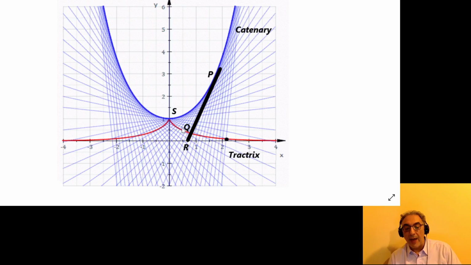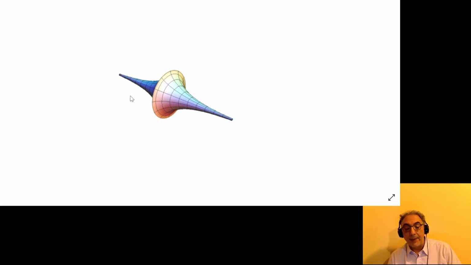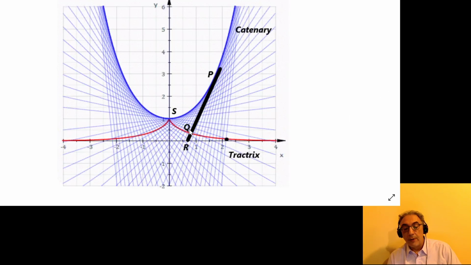And this observation now is what leads to the fact that the pseudosphere has a curvature which is of course negative, as we explained already, but it has a constant negative curvature, since the radii of the two osculating circles are, for every point of variation, reciprocally related to each other.